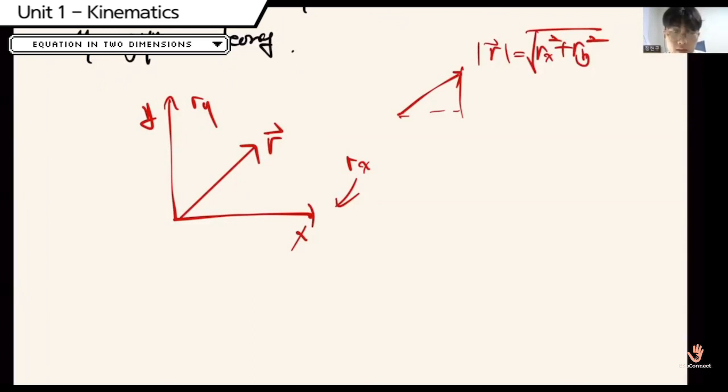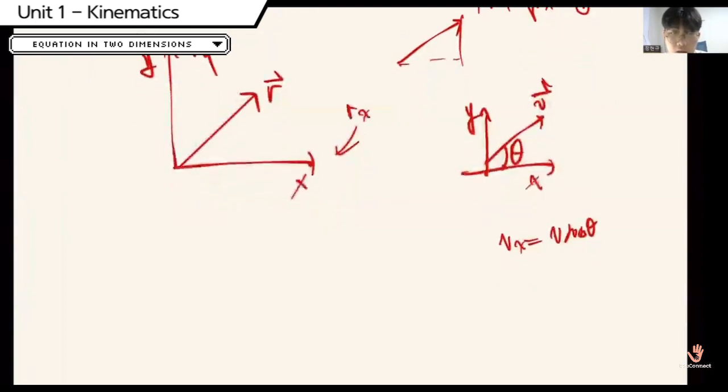Velocity and acceleration in two dimensions can also be written as vectors and can be broken down into x and y components. For the velocity vector v at angle theta, the adjacent component v sub x equals v cosine theta, and the opposite component v sub y equals v sine theta.